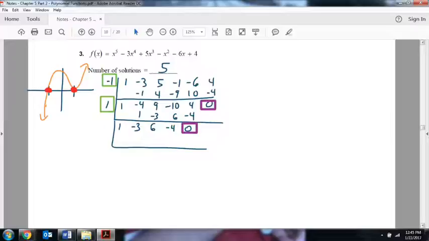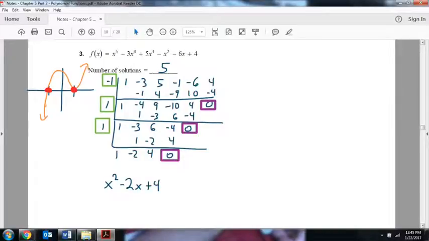Let's do another 1. 1 times 1 is 1. That's negative 2. That's positive 4. 0. Good. Got another 0. So we have confirmed that we have a double root at 1 and a single root at negative 1. And we are left with a polynomial, x squared minus 2x plus 4.